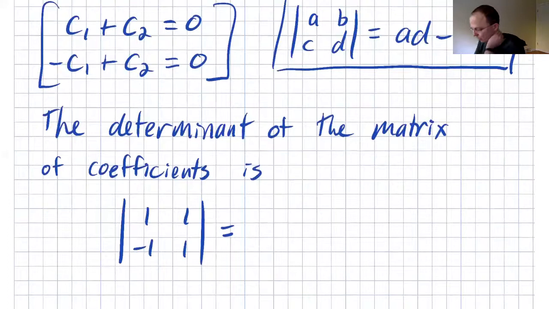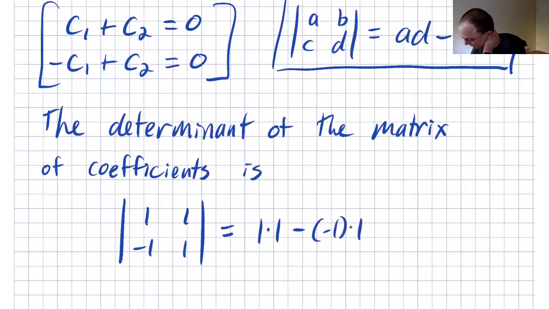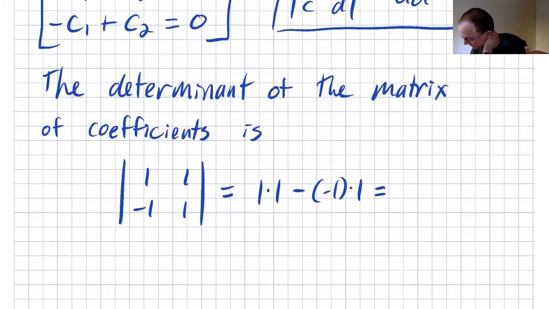So let's apply this formula here. It is going to be 1 times 1 minus 1 times 1. So we'll get 1 times 1 minus 1 times 1. And this is going to give us 2.